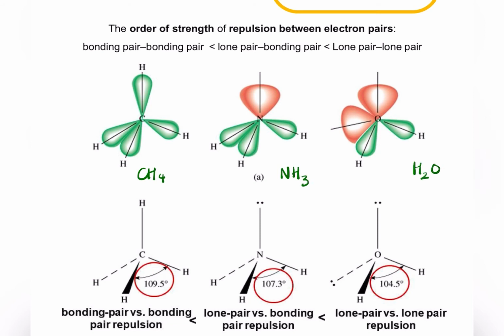So when you draw the Lewis structure, you can see that for CH4 kita hanya ada bonding pair bonded kepada 4 hydrogen atoms. While for NH3, you have 3 bonding pairs but 1 lone pair. So warna oren ni awak bayangkan dia adalah lone pair. And for H2O, we have 2 bonding pairs and 2 lone pairs.